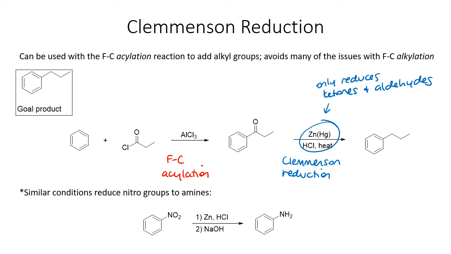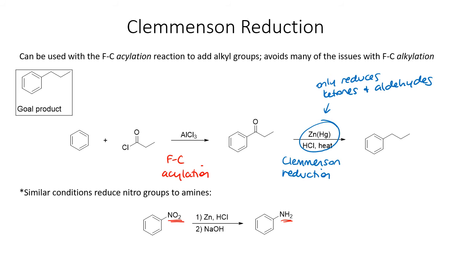Now we do have to be careful with the Clemmensen reduction conditions because similar conditions also reduce nitro groups to amines. So NO2 is our nitro group. We can actually convert a nitro into NH2, which is an amino group, by using zinc and hydrochloric acid followed by sodium hydroxide.